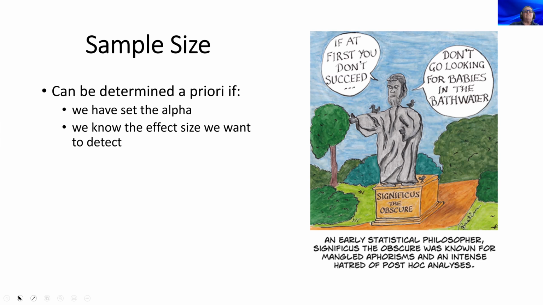We also know the effect size that we want to detect, and also how much power we want to have in this analysis so that the probability of making a correct decision is increased. Typically, we're seeing that 0.80 or higher is the sufficient level of power.